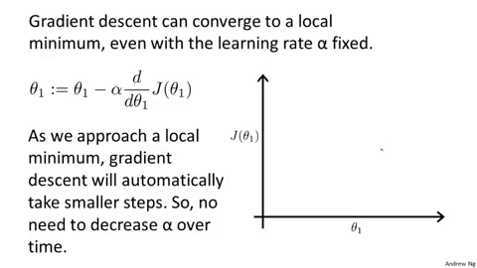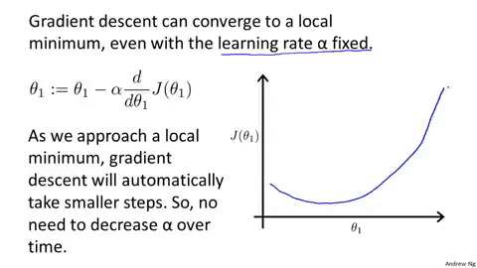This also explains why gradient descent can converge to a local minimum even with the learning rate alpha fixed. Here's what I mean by that. Let's look at an example. So here's a cost function J of theta that maybe I want to minimize. And let's say I initialize my gradient descent algorithm out there at that magenta point. If I take one step of gradient descent, maybe it'll take me to that point, because my derivative is pretty steep out there, right?